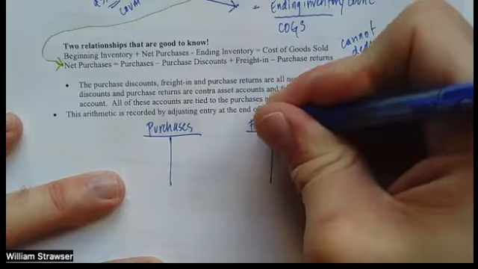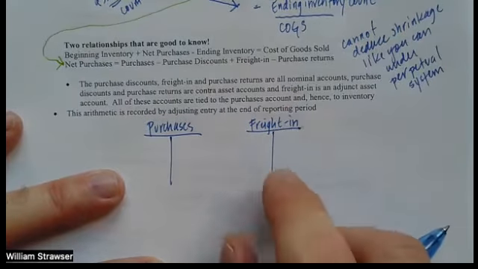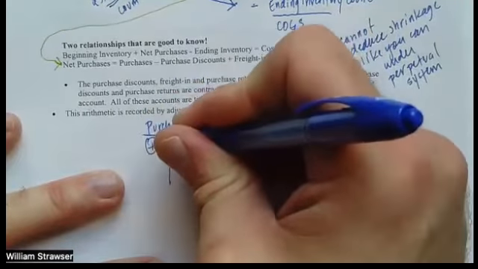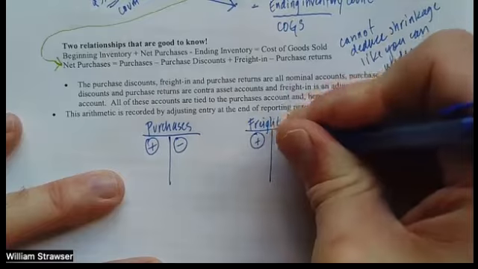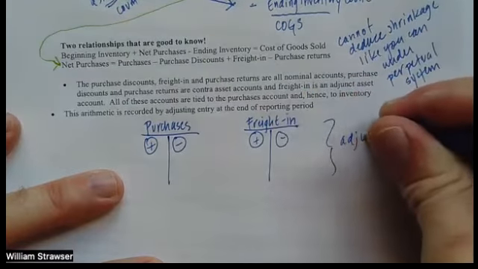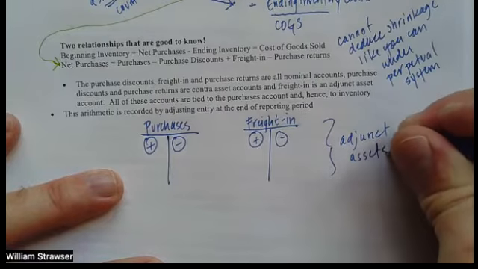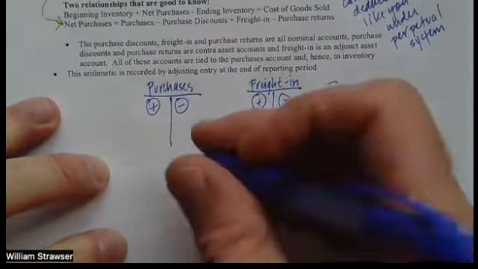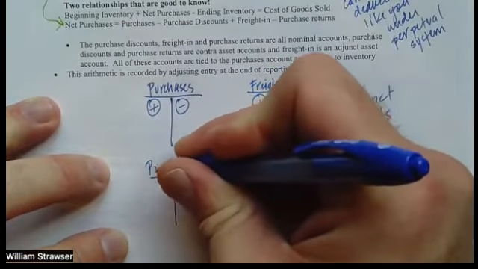Well, then I have a different account that tracks how much on top of the invoice price did I pay to get it to my place of business. These are both adjunct accounts. They both increase the value of my inventory. They're also both nominal accounts that are closed whenever I record cost of goods sold at the end of the period. I also have purchase returns and purchase discounts.